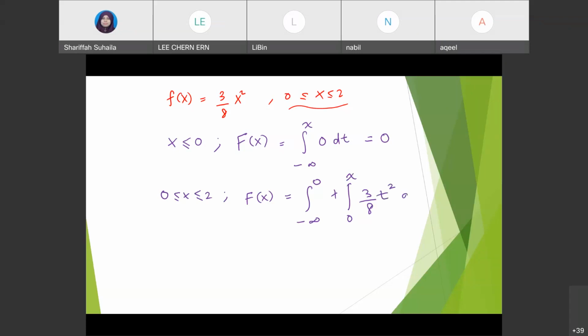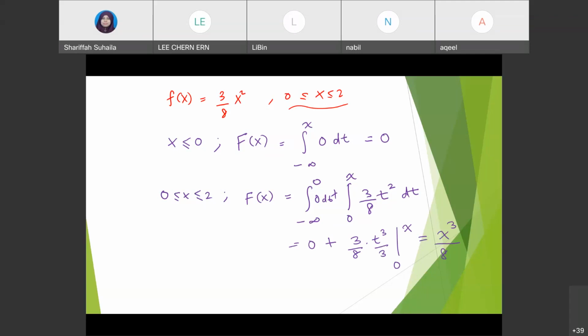Ini 0 plus 3 over 8, kita selesaikan, t cube over 3. Gantikan 0 dan x. So, it will give you x cube over 8. Ya, dapat 3 to cancel out. So, that is a function.